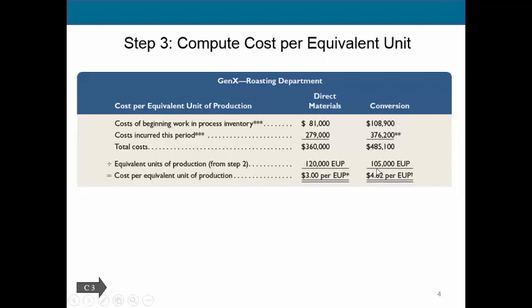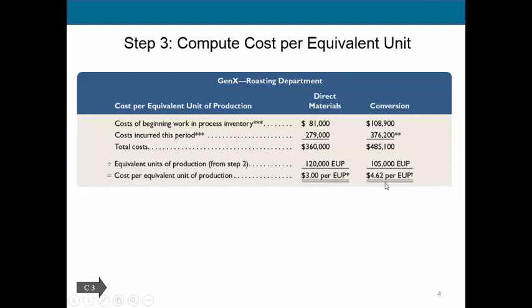So that gave us equivalent units of production of 105,000 for our conversion costs. We divide our total conversion costs by 105,000, and this tells us that the equivalent cost per unit of production is $4.62.